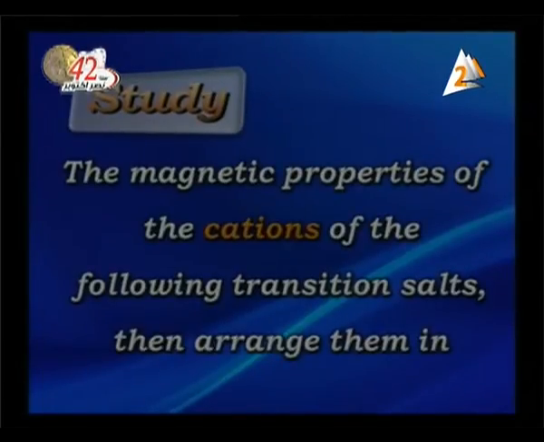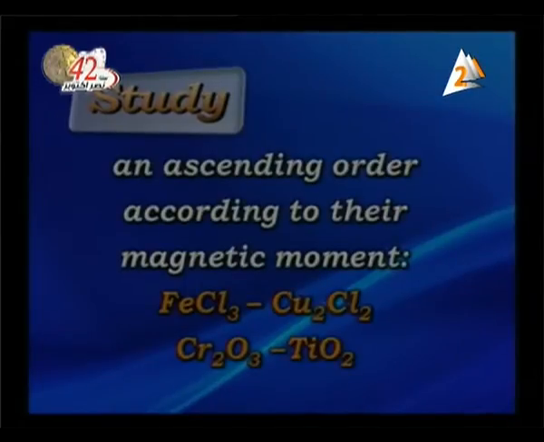Next example: study the magnetic properties of the cations of the following transition salts, then arrange them in ascending order according to their magnetic moment: iron 3 chloride, copper 1 chloride, chromium 3 oxide, and titanium 4 oxide.